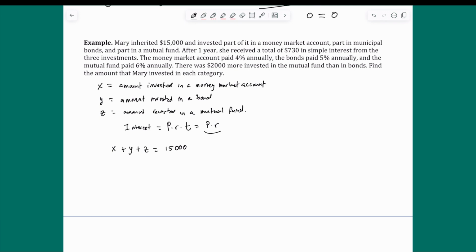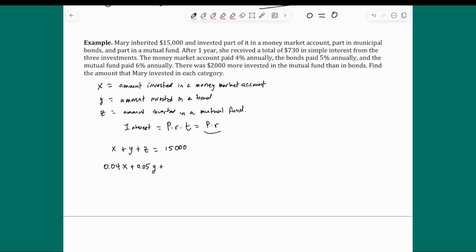The next equation is where we're going to use the simple interest for each account. The first account, the money market account, is paying 4% interest. So we don't know how much we put in, but the rate would be 0.04 times the amount we put in that account, represented by x. Plus, the bond is paying 5% interest, so it'll be 0.05 times the amount we put in the bond, y.